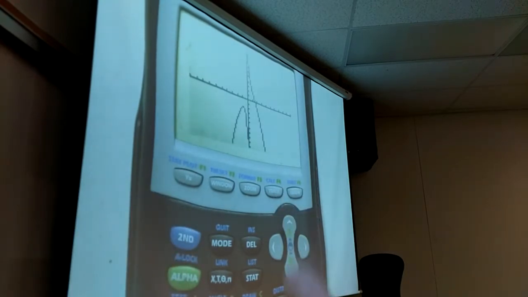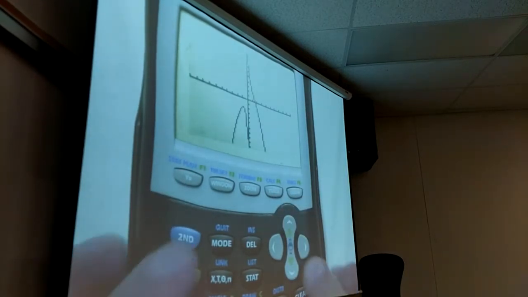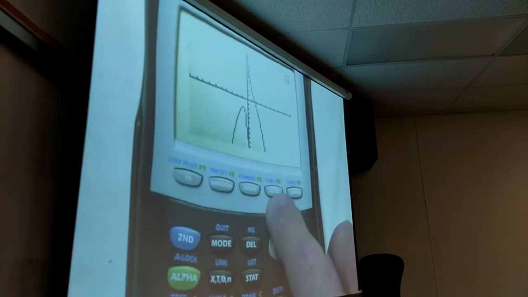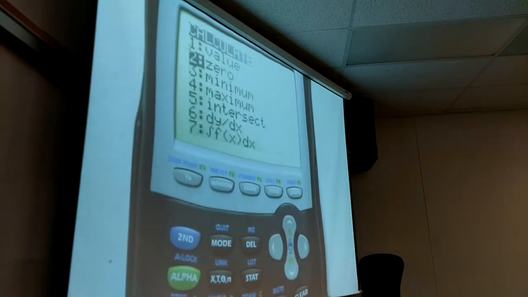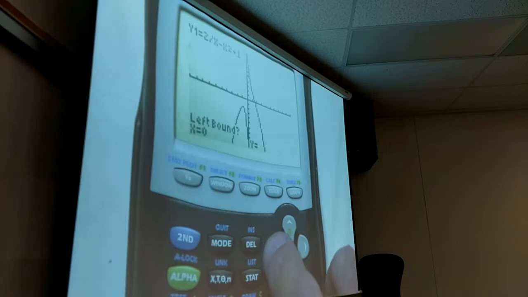So how do I make the calculator do this algorithm? I go to second trace, to go to calc. I want to get a 0 of the function. And now, do you see why it asks you for boundaries? Because that eliminates that problem. If I get a slope that's way too big and it takes it way out, if it comes out of the boundaries, it doesn't use that.